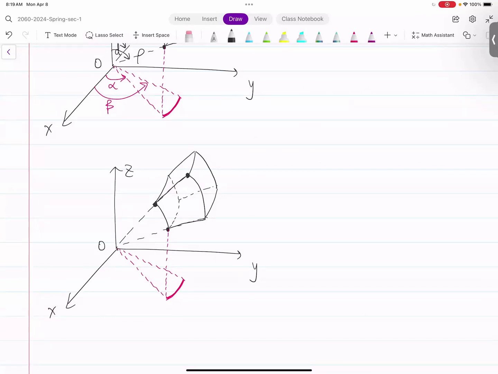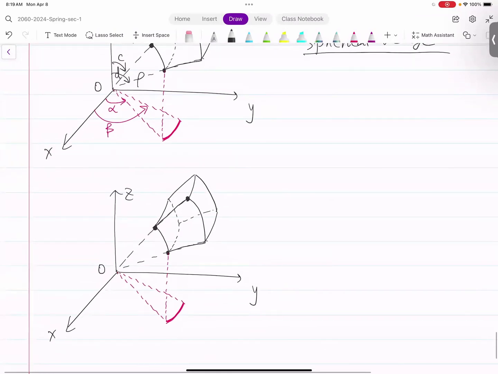So the change in rho, right? You subdivide the interval of the distance from the point to the origin into equal pieces. It's going to be delta rho. It's going to be, excuse me, this side, right? So the increment of the distance is going to be delta rho, okay, that's that.